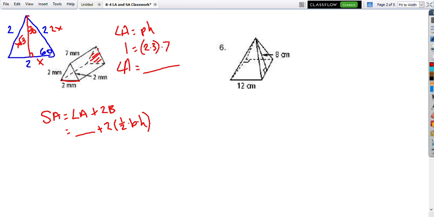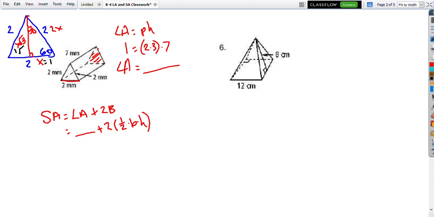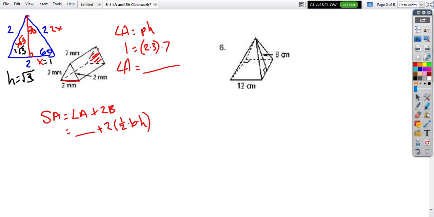So I have sides of 2, of 1, and of 1 radical 3. That means my height is the square root of 3. That's what the height is. So a little bit more work.